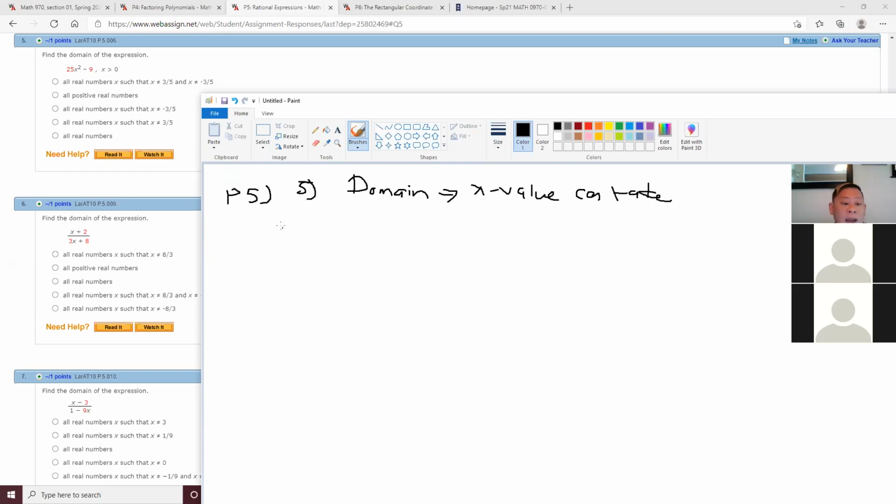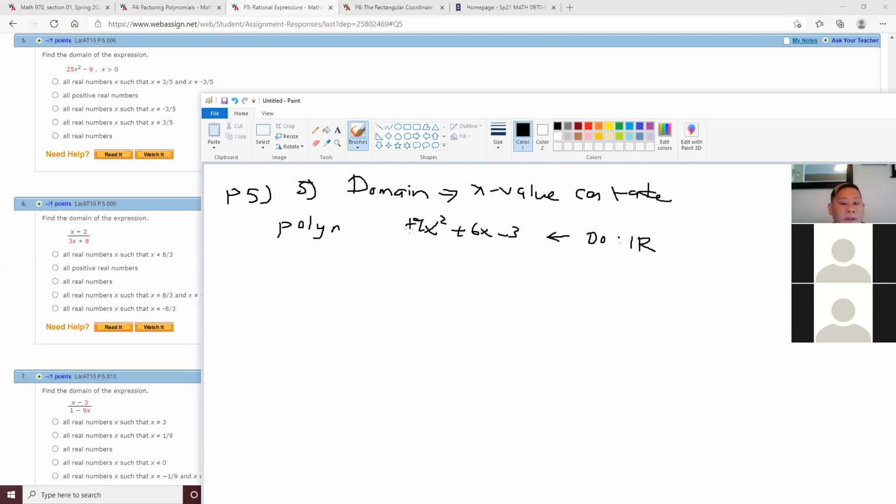So if you have any polynomial expression like 9x squared plus 6x minus 3, you can plug any x values you want here. It can be numbers, decimals, fractions, square roots, or i. So the domain for the polynomial is all real numbers.